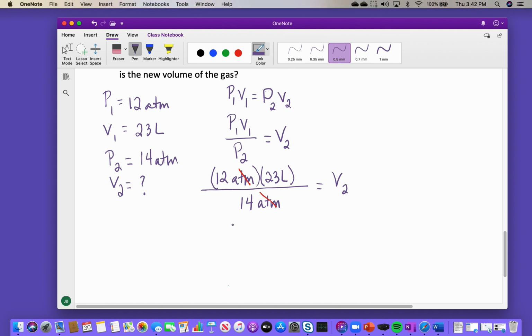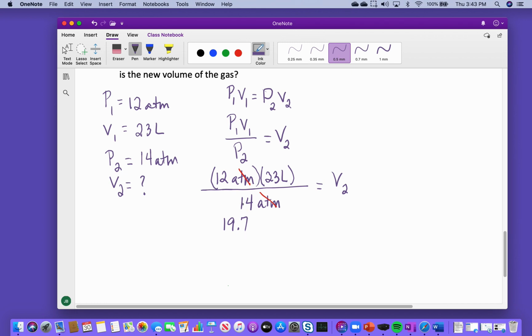You're going to put 12 times 23 into the calculator, hit enter, then take that answer and divide it by 14. And when you do that, you are going to come up with 19.7 and lots of other numbers after that.